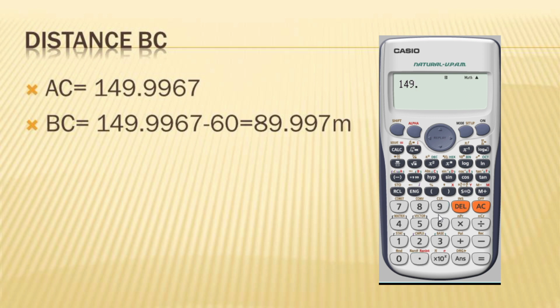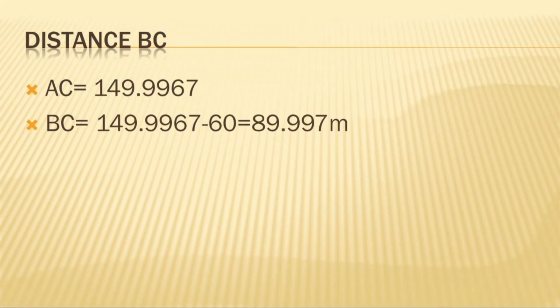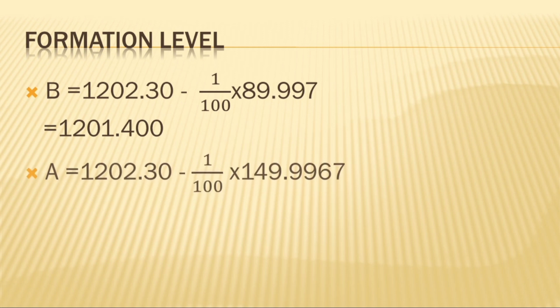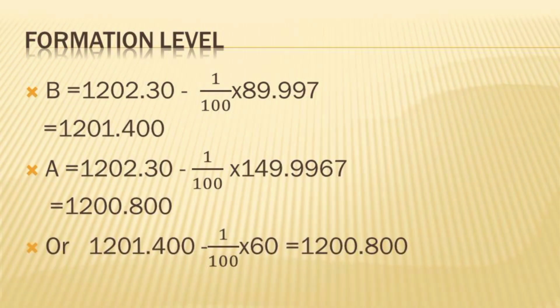That is the distance BC, because we had been given the distance AB as 60. So by subtracting that, our answer becomes 89.997 meters.